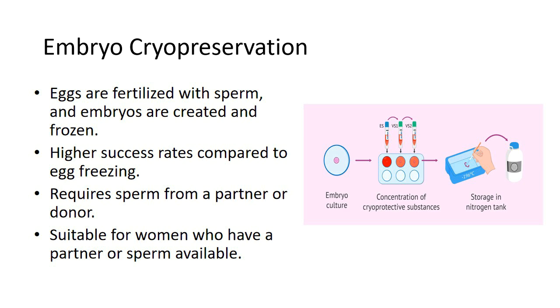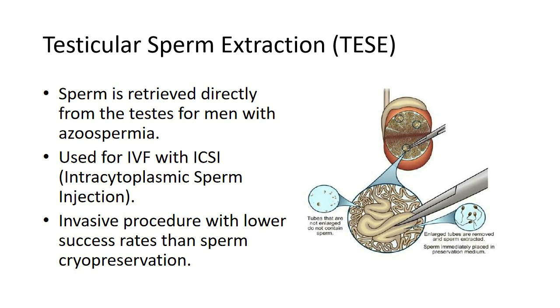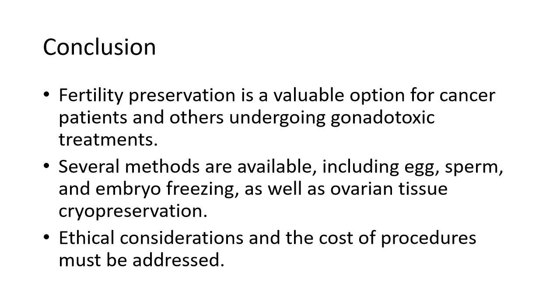Sperm cryopreservation. Men of reproductive age. Cancer treatment. Infertility. High success, especially for young men. Testicular sperm extraction, TESE. Men with azoospermia. Obstructed ducts, cancer treatment. Lower success compared to sperm banking.